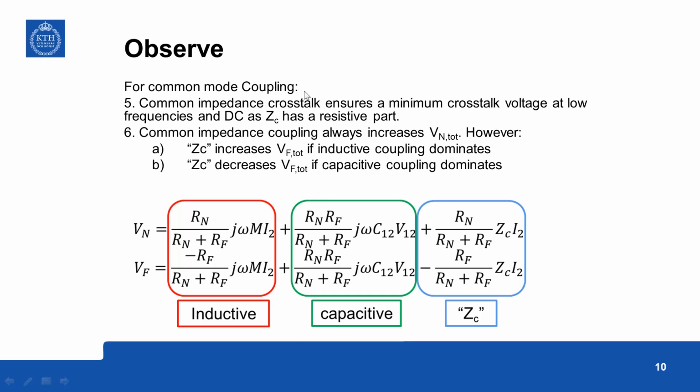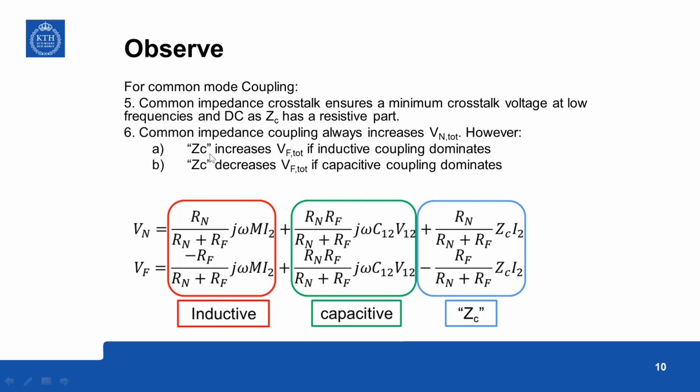For common impedance coupling, the crosstalk ensures a minimum crosstalk voltage at low frequencies, because when the frequency is extremely low or zero, you can see that these terms are disappearing, but because of the DC resistance of the common path, there will be some common impedance coupling. So common impedance coupling always increases Vn total.